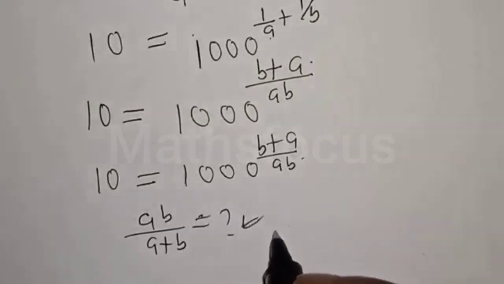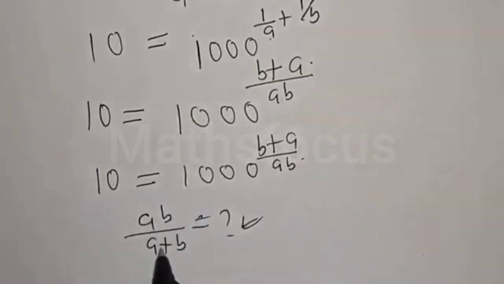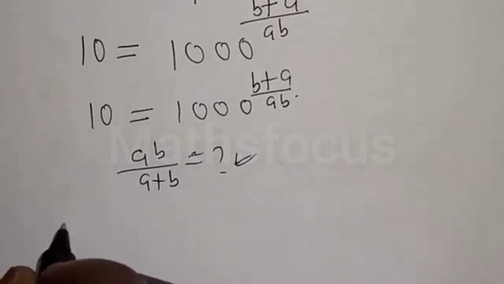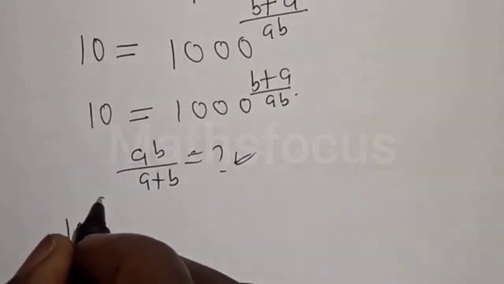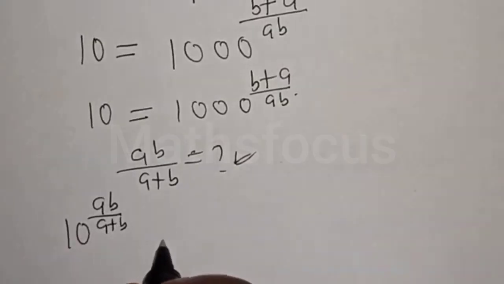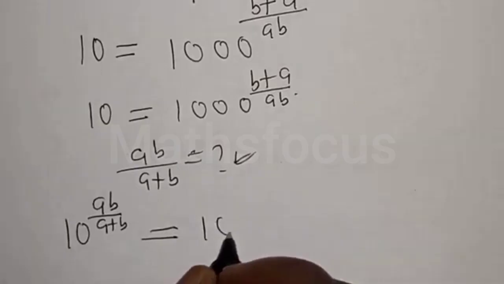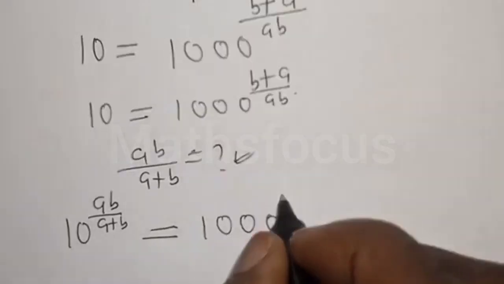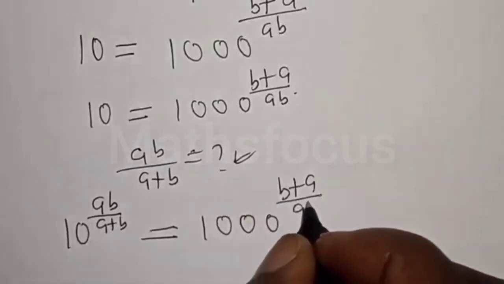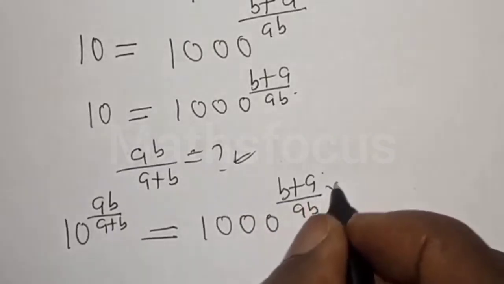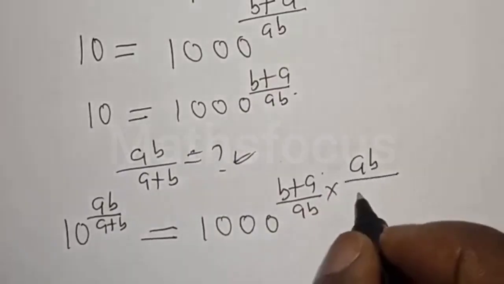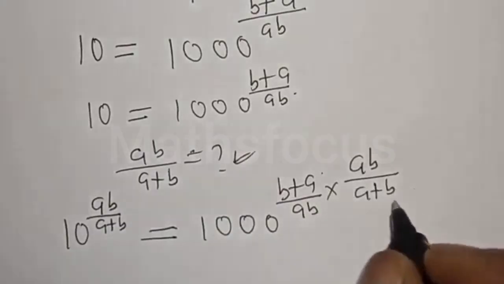Now, let's multiply the exponent of both sides by AB divided by A plus B. Then we have 10 raised to power AB divided by A plus B is equal to 1000 raised to power b plus a divided by ab, then multiplied by ab divided by a plus b.